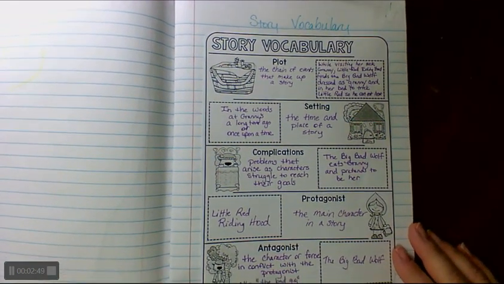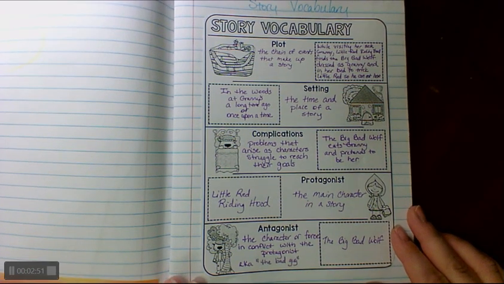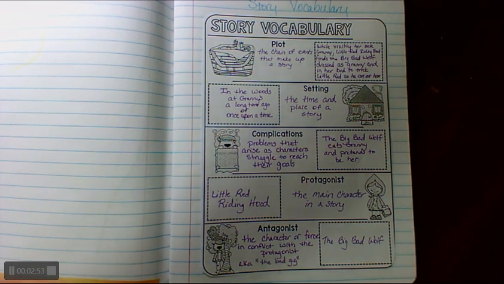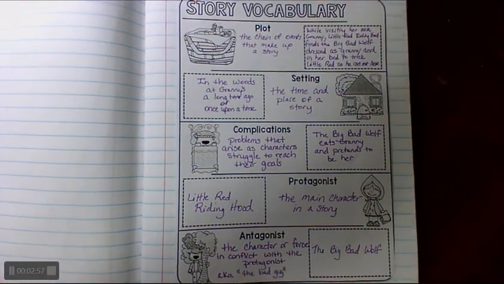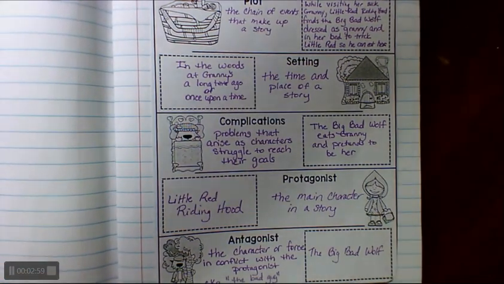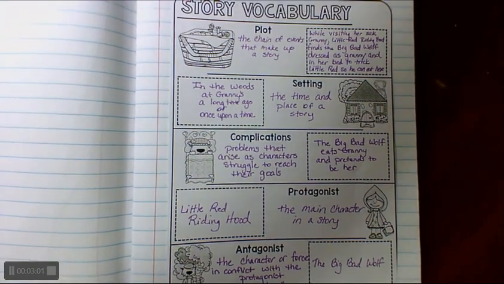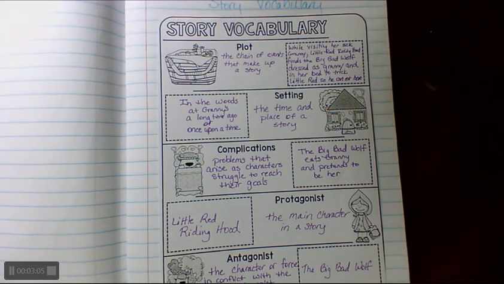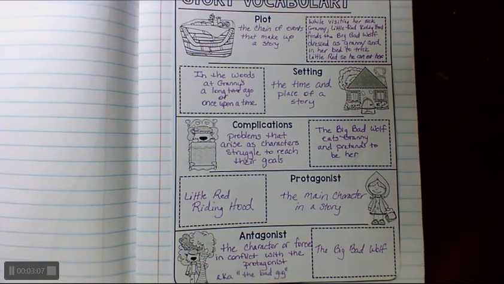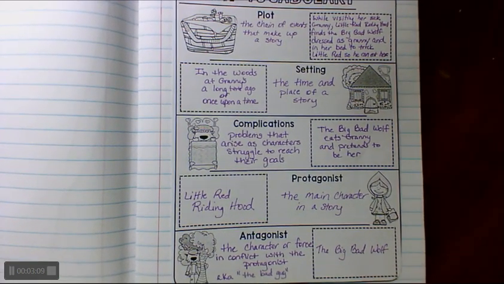Sometimes we can forget basic things like what a plot is, what the setting is, what complications are, who the protagonists and the antagonists are. And the reality is we're getting ready to get a lot more in depth about these different parts of a story. But before we do that, I want us just to do a real quick reminder.